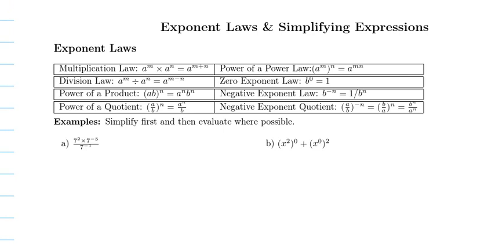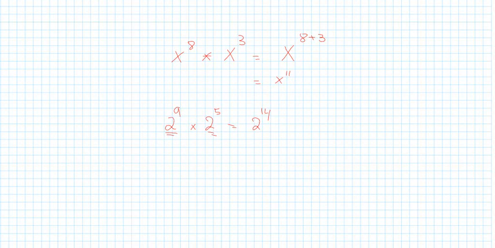So if I go back to this page and I want to expand this one, for example, x to the power of 8 is x times x times x times x, 8 times, multiplied by another x cubed, which is multiplied by x. So you see I now have 11 x's multiplied together, which simplifies to x to the power of 11.